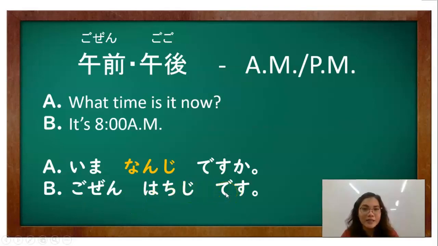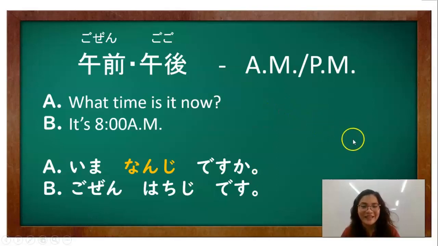As you noticed, in English a.m. is put after the time, but in Japanese, gozen is put before the time. So that's why it is gozen 8時です.